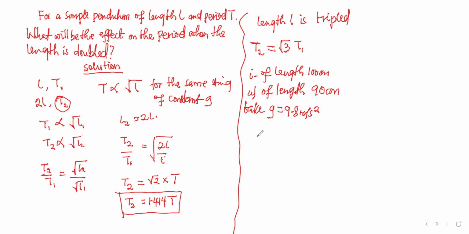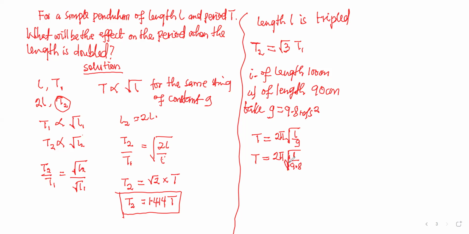So we know T to be equal to 2 pi root of L over G. So if L is equal to 100 centimeter, then the period would be equal to 2 pi root of 1 meter divided by 9.8.